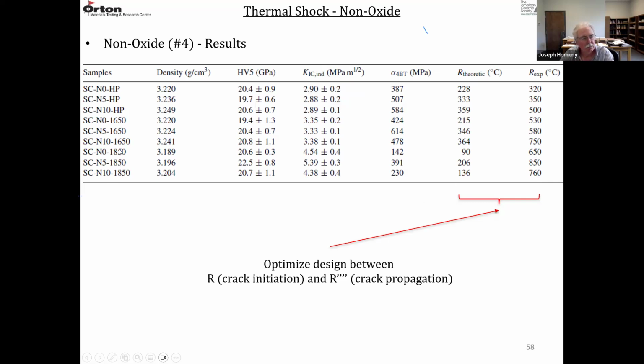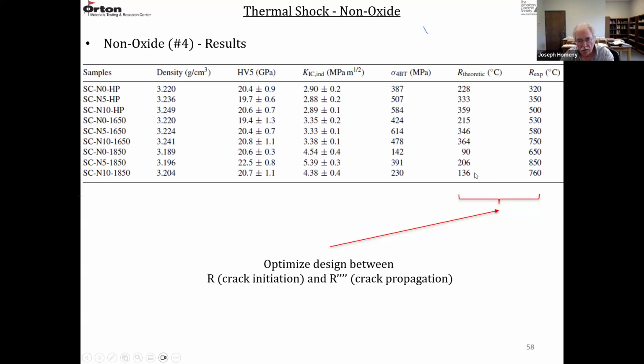So these values are here for these materials. The materials with the elongated microstructure have the highest delta T's. So when they go from this R parameter that's calculated to an experimental R value, R is for crack initiation, and R4 prime is for crack propagation.